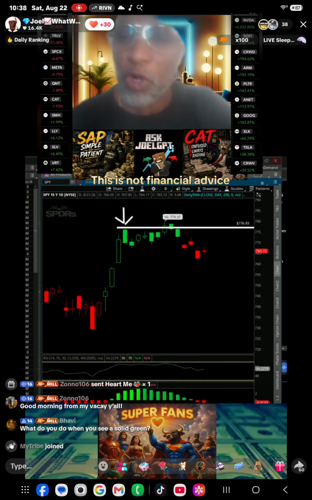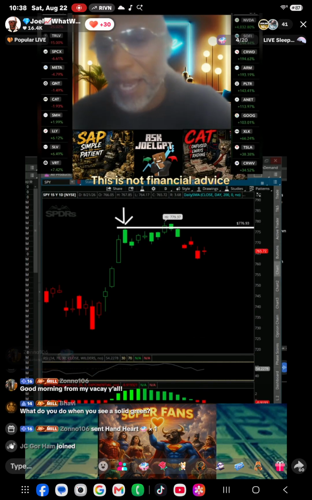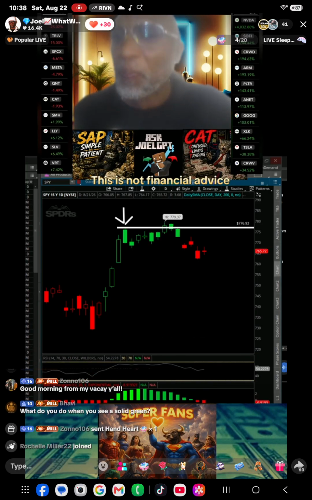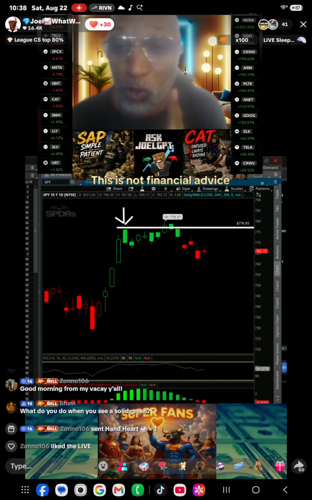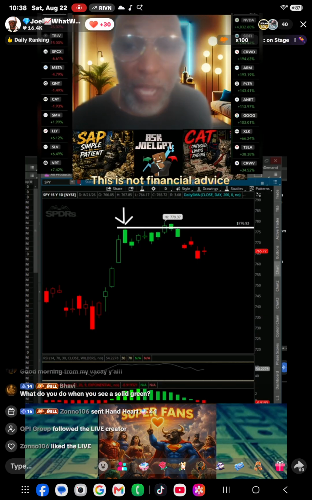Now, I would agree if this was just a regular stock and we hit a high and then we peaked above that high, I would treat it as a double top. But I'm not treating it as a double top on an index. That's different. An index is composed of multiple companies.